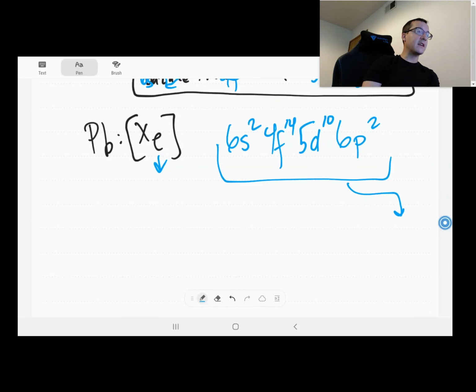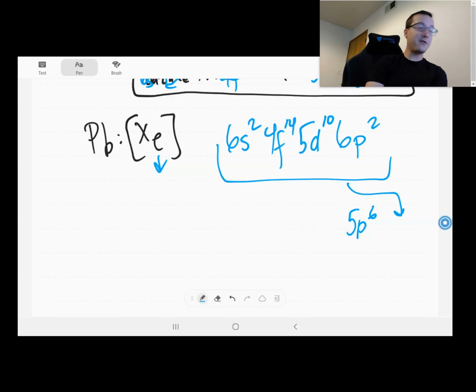If we want to do xenon, what is xenon's last electrons going to be? 5p6, right. So I'm going to just say all this stuff goes here, and before that is 5p6. Does everyone see why xenon is 5p6? Yeah, thankfully S and P block ones are easy for us because it's the same as the row.